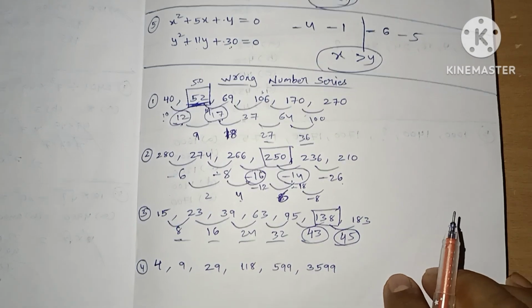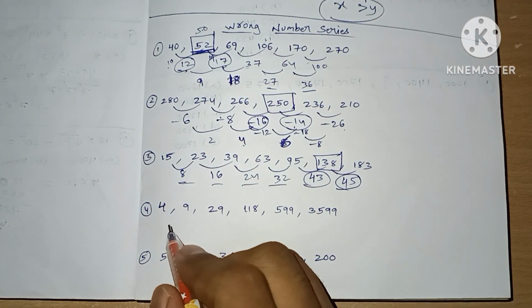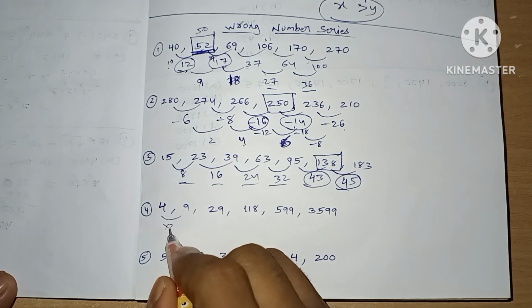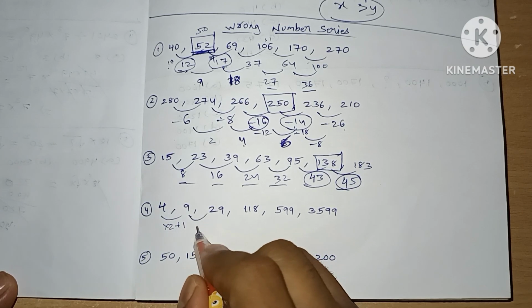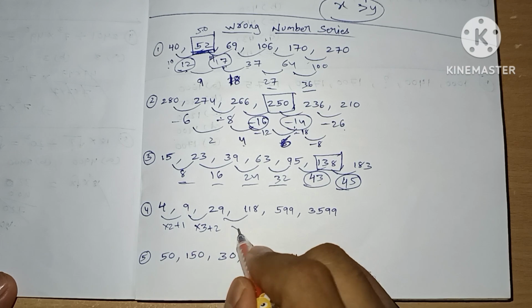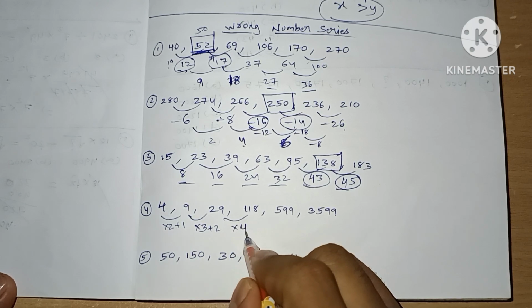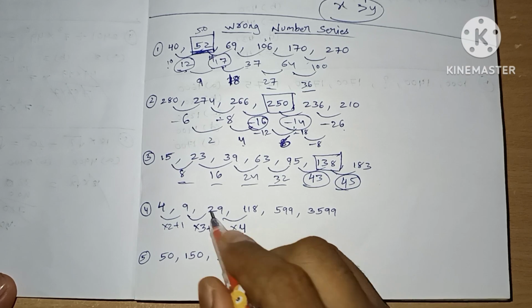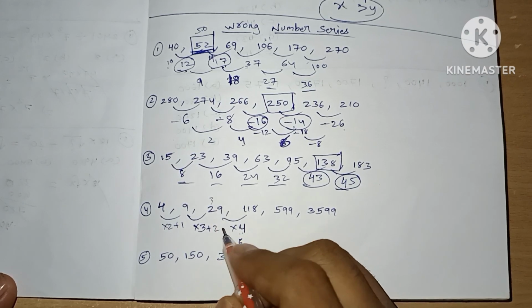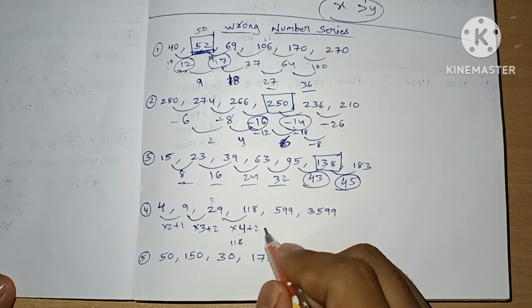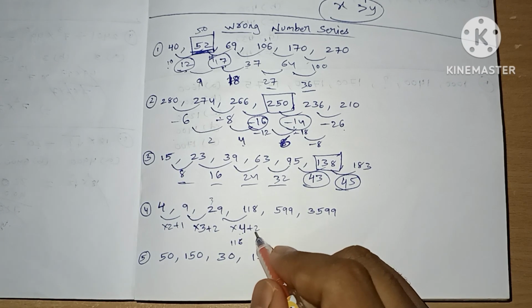Okay, next, fourth question. Here we see it is into 2 times plus 1. It is into 3 times plus 2. This is into 4 times, which will be 636, 4 2 times 8 and 3, 11, 116 plus 2, but it must be plus 3.